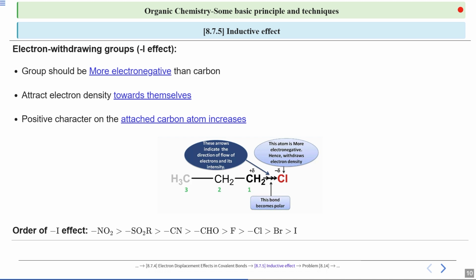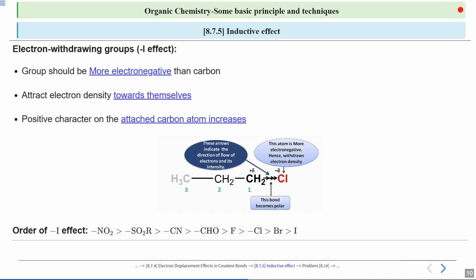You may also ask one question: why are we not taking NO2 as less than the halogen, because nitrogen is less electronegative than fluorine? The answer is that here we don't have nitrogen only. We have a group of 3 highly electronegative elements.